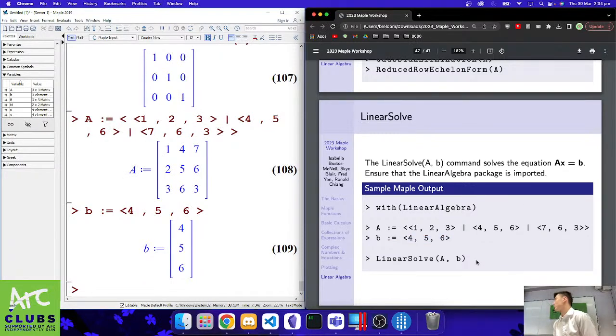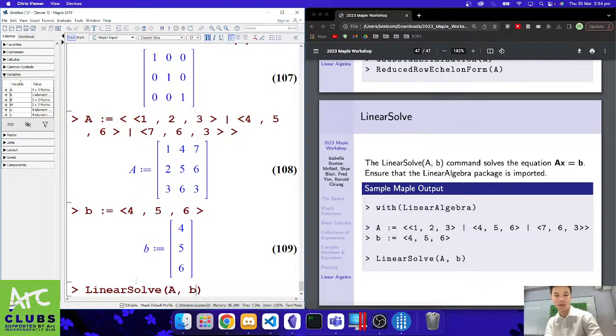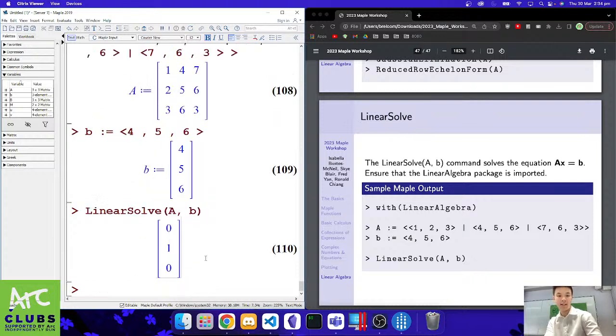And again, suppose we want to solve the matrix equation AX equals B. To do this in Maple, we can simply call the linear solve command. The first parameter is going to be your matrix, and the second parameter is your vector. Hit enter, and that would nicely solve the matrix equation for you and give out your X vector.